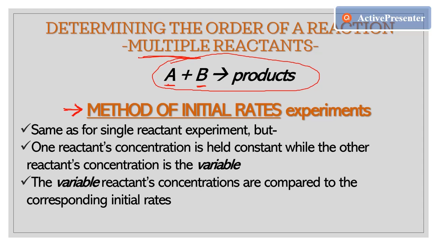It's the same as for a single reactant experiment, but one of the reactants' concentration is held constant. It stays the same. And then the other reactant's concentration is the variable. So we only change the concentration of one reactant at a time in different experiments, and then we compare them.